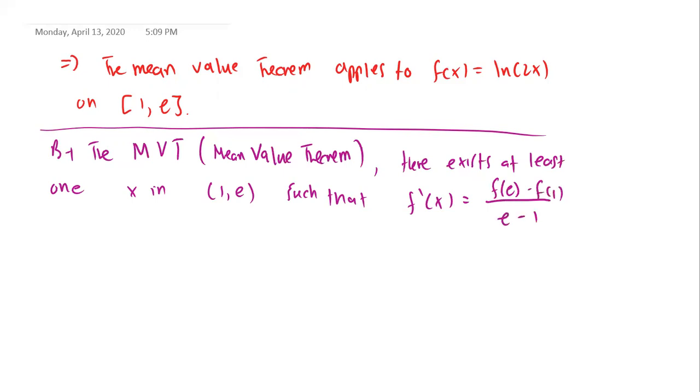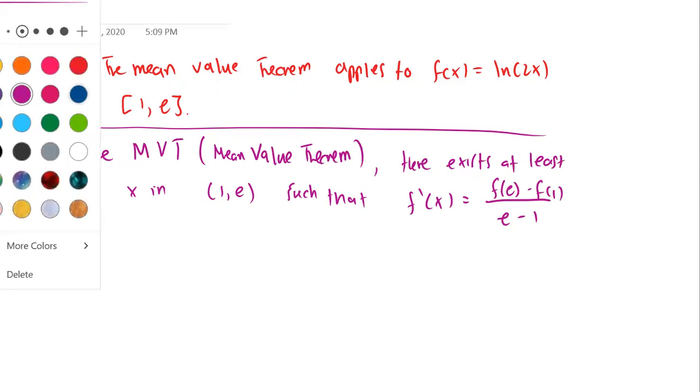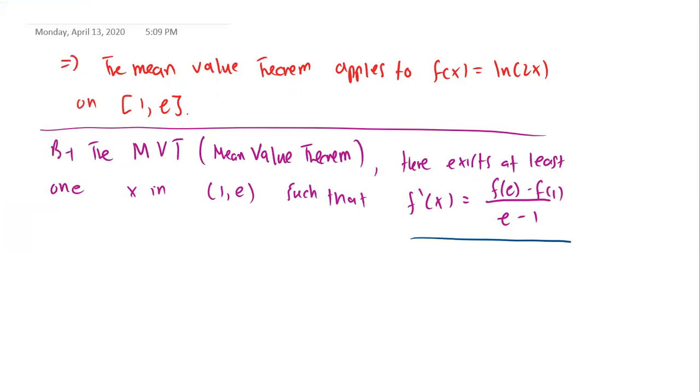We want to find what x values satisfy that. So let's go ahead and simplify this expression here. Okay. So what's f prime of x? So we found that, right? So we found that f prime of x was just 1 over x. Okay. What's f of e minus f of 1 over e minus 1? Okay. So f of e, remember f of x was ln of 2x.